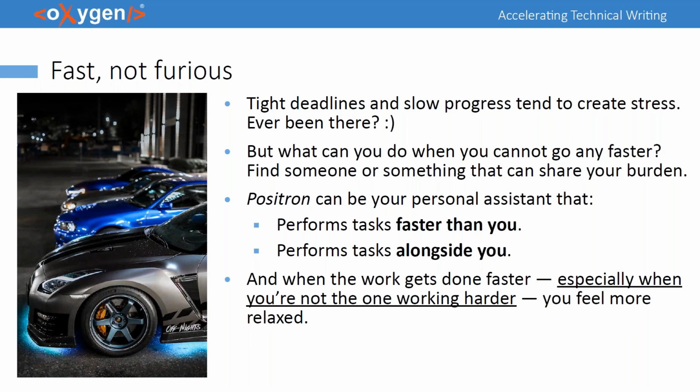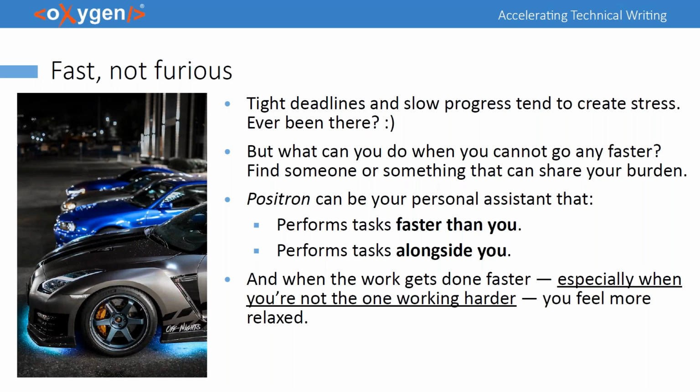By that, I want to emphasize the fact that you can work in parallel. You can ask it to do something, and while you wait for the answer, you can do something else in that time. And when you can get the work done faster with the help of such an assistant, I think you can feel more relaxed.